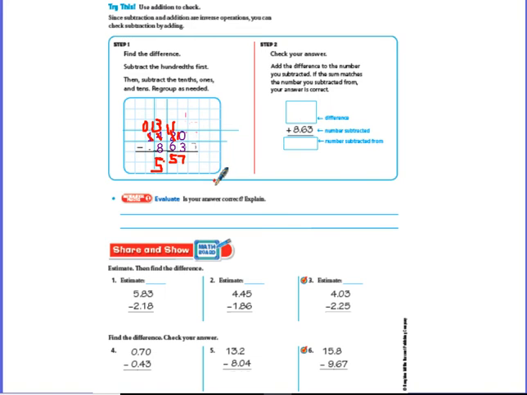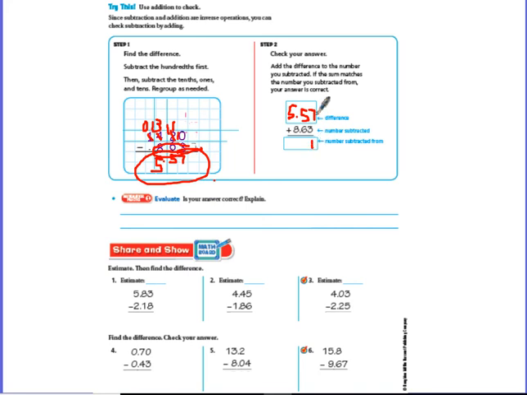So how do I check my work with this subtraction? I take my difference, which is the answer to a subtraction problem, and I put it on the top as an addend. Then I take the number I subtracted, and now I add those together.